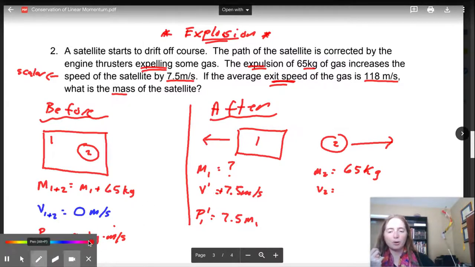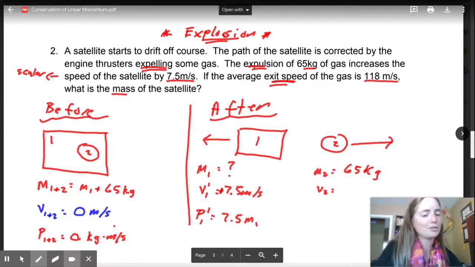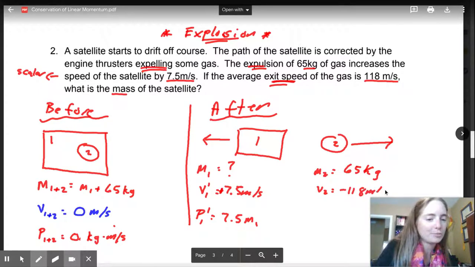I beg your pardon. I'm going to choose to make V1 prime positive because my mission in the end is to calculate the mass of that. If I make it negative, I'm going to have negative numbers on the wrong side of the equation. You can deal with it, just multiply each side by -1, but it's another step I don't want to do. I'm going to make that one positive, and I'm going to actively choose to make this guy negative. Negative 118 meters per second.